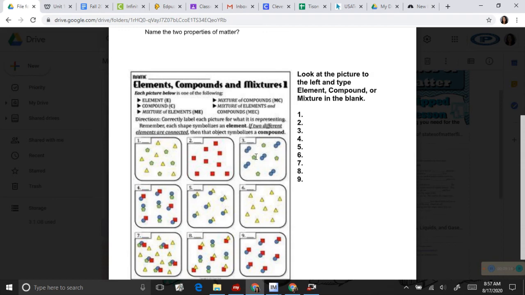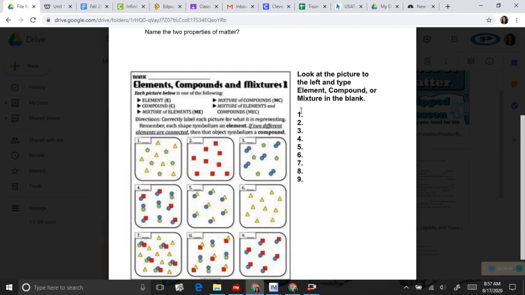Then you have one element. All right, here you have a compound. Here in number 4, you have two elements bonded together, which we know is a compound, and you have two different elements bonded together, which we know is a compound. So you actually have a mixture of compounds here. But here you have a mixture of compounds, these two little ones, and elements.